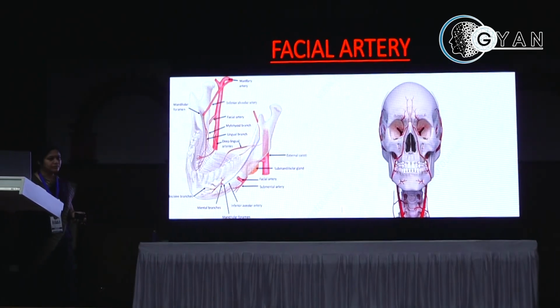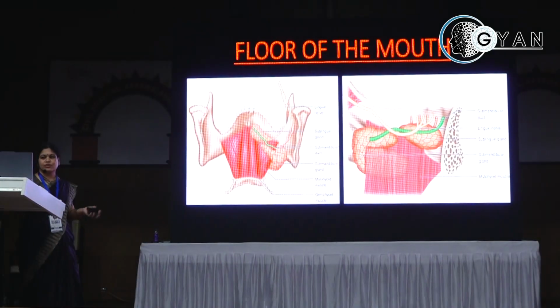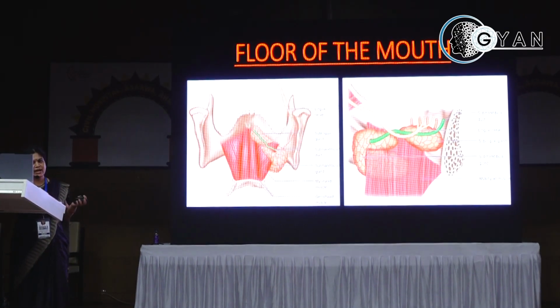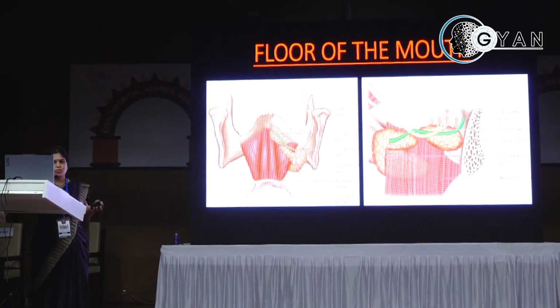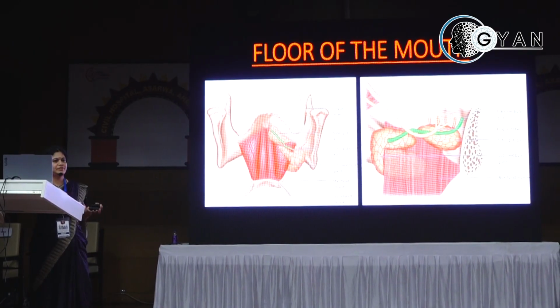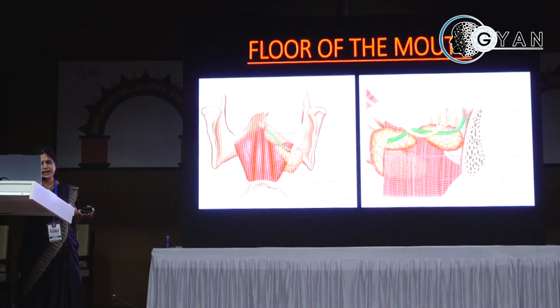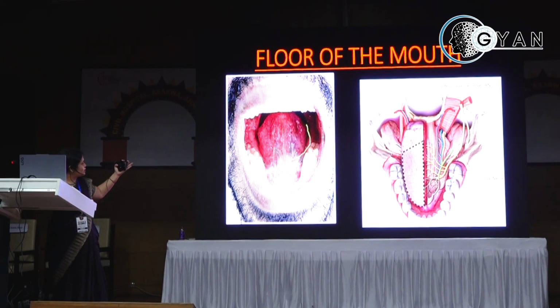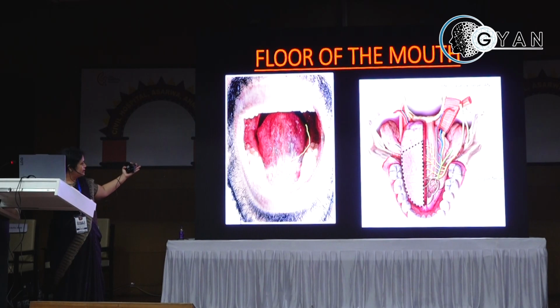So, floor of the mouth. We know the structures here, the sublingual and the submandibular gland. Most important significance is of the duct and the lingual nerve which run in here. Floor of the mouth that we see, and the yellow structure I am trying to depict is how the lingual nerve would course through, and the submandibular duct.